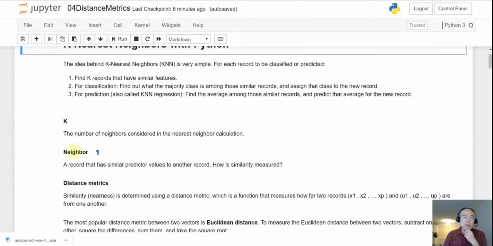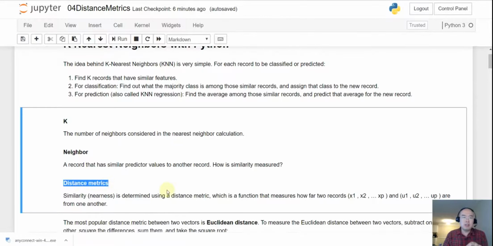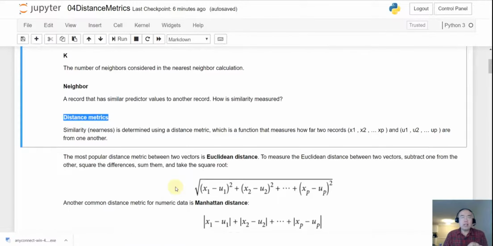The next one is the neighbor. How do we define the neighbor? The neighbor should be a sample which is fairly close to the sample I'm trying to predict. That brings us to the next point: how do we measure the distance? There are quite a lot of ways to do that, and a very common way is the Euclidean distance.